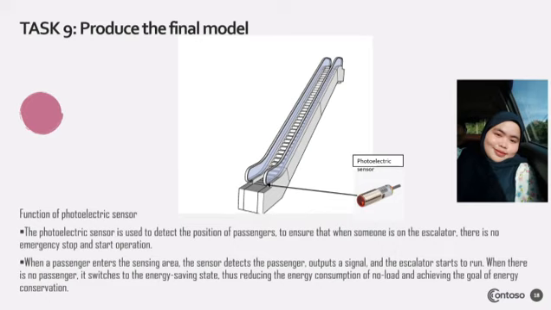When a passenger enters the sensing area, the sensor detects the passenger, outputs a signal, and the escalator starts to run. When there is no passenger, it switches to the energy saving stage, thus reducing the energy consumption of no load and achieving the goal of energy conservation.